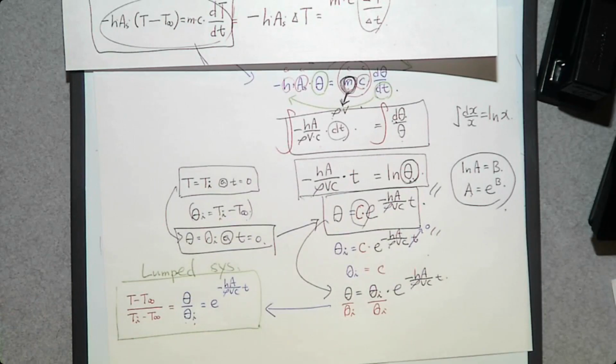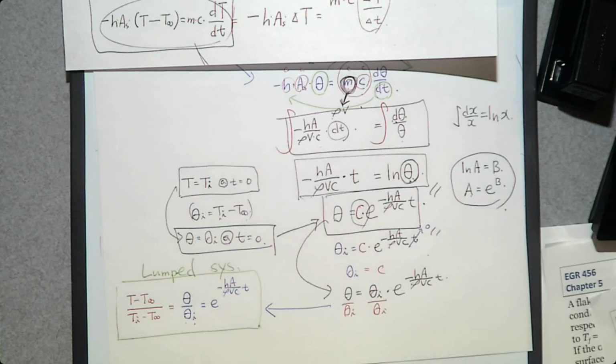Can you solve this equation? We'll see. That's e to the minus hA over rho VC.